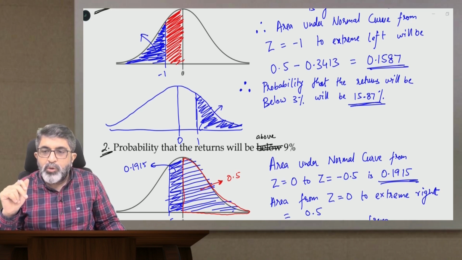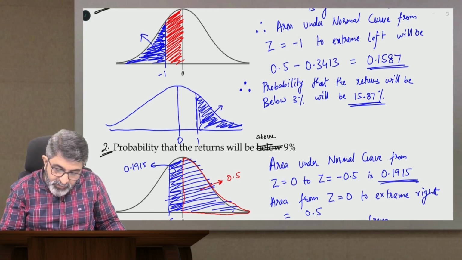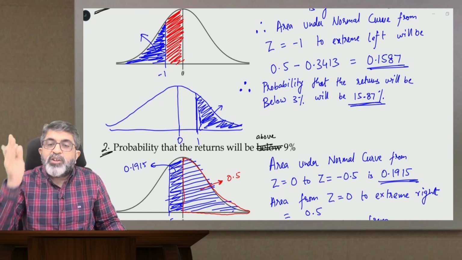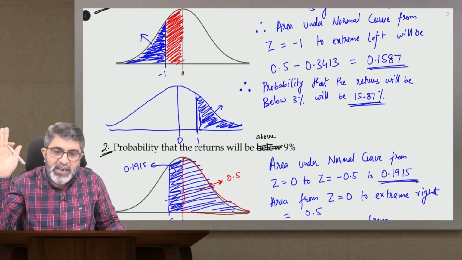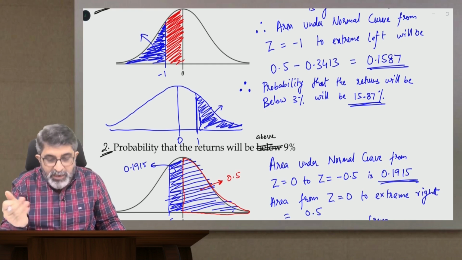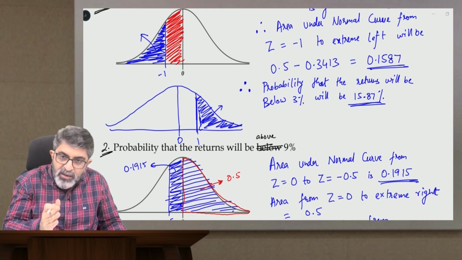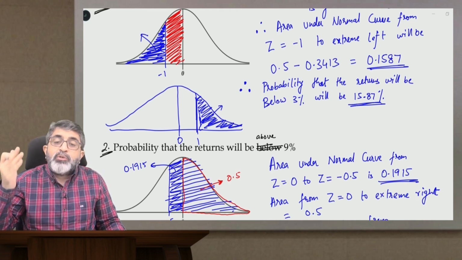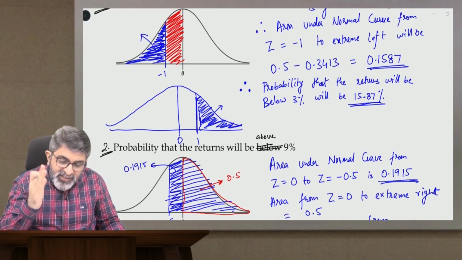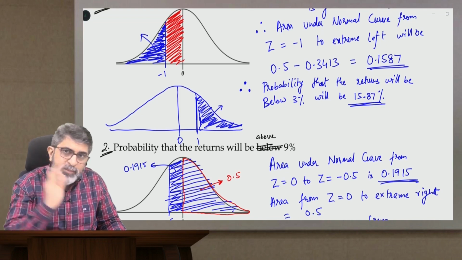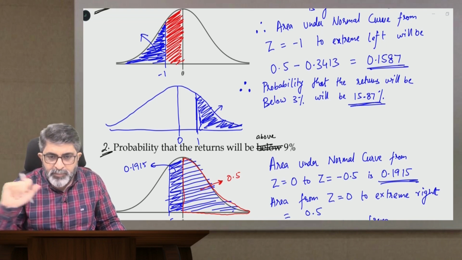So now what we can do, for Z being positive 1, is just find the area to the extreme right, correct? It will give you the area from Z equal to 1 to the extreme right, which will be the same as the area from Z equal to -1 to the extreme left. Both the areas will be the same.